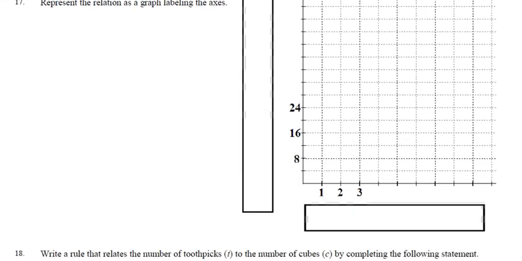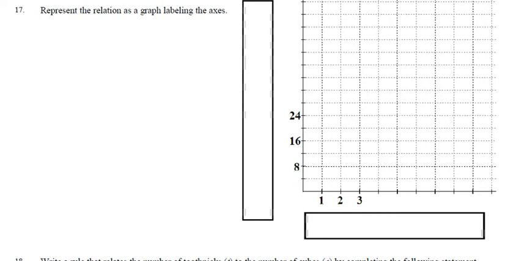Represent the relation as a graph by labeling the axes. So this is the number of cubes. 4, 5, 6. We went up to 6 cubes. What goes in here? The number of toothpicks.